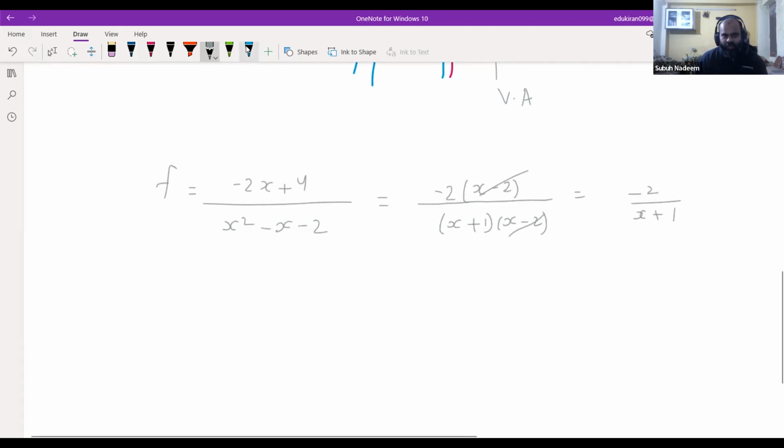So I just gave you an example, and you saw in this slide, it has come. So this is the simple form. Now you have to decide the asymptotes. What will be the asymptote? You won't take 2. You will take only x is equal to minus 1, because that 2 is getting cancelled.